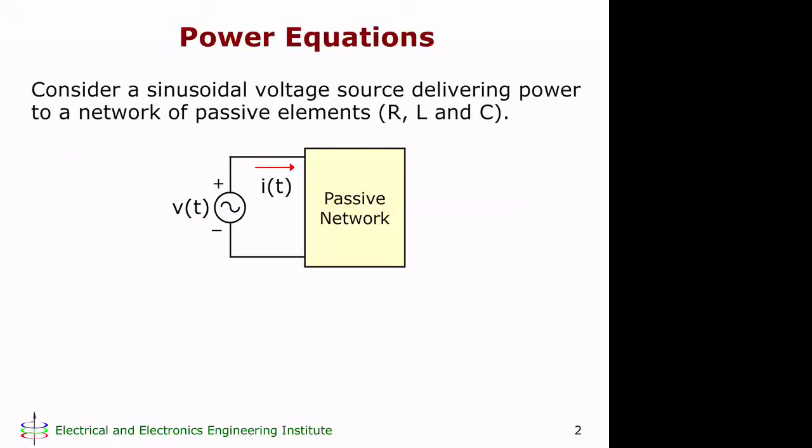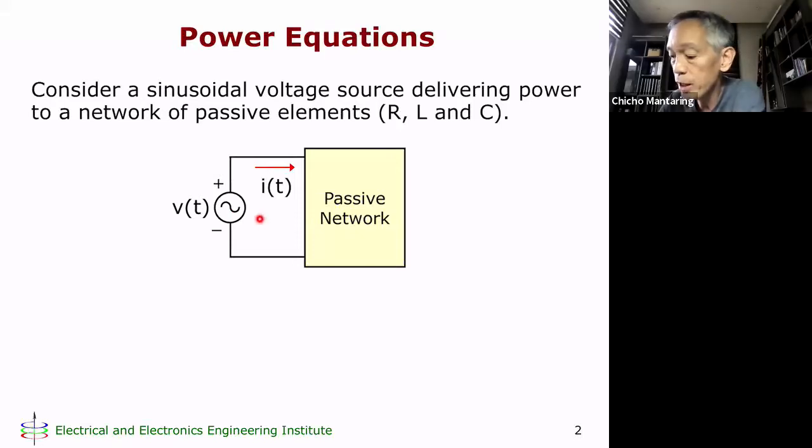Here's the situation. Let's say I have a sinusoidal source, and this is supplying power to a passive network. A passive network consists of resistances, inductances, and capacitances. If my voltage source is sinusoidal, expect a sinusoidal current to flow.